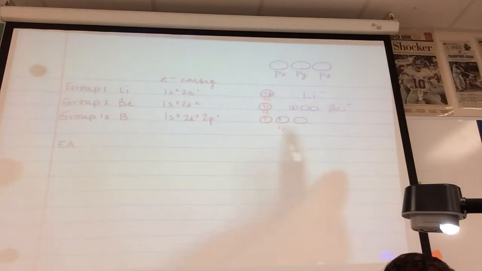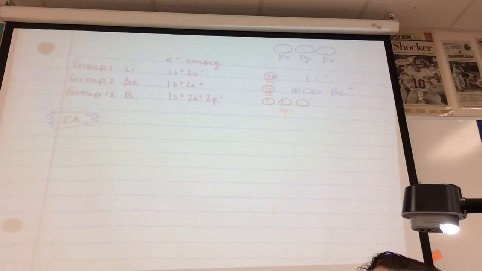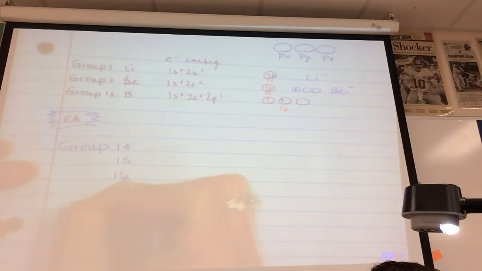The other anomaly that you see with electron affinity, you mentioned group 15. So let's take a look at that one. We want to look first at group 14 because I want you to make comparisons with 15 and 16. So you're looking at carbon, nitrogen, and oxygen.